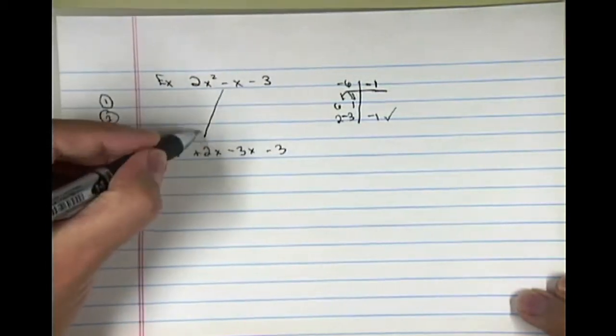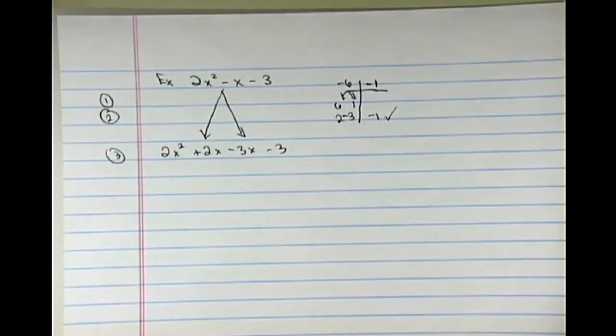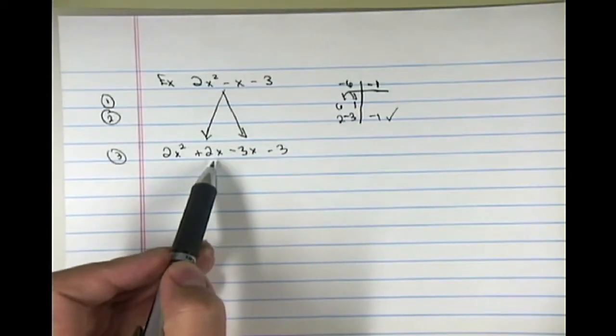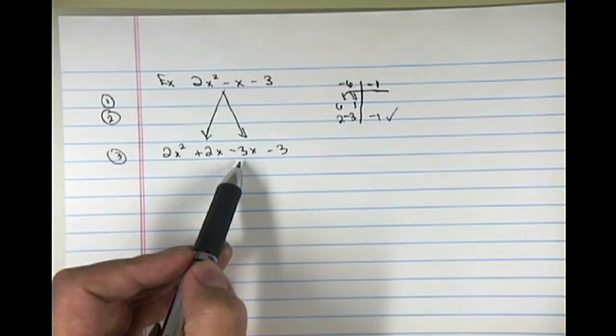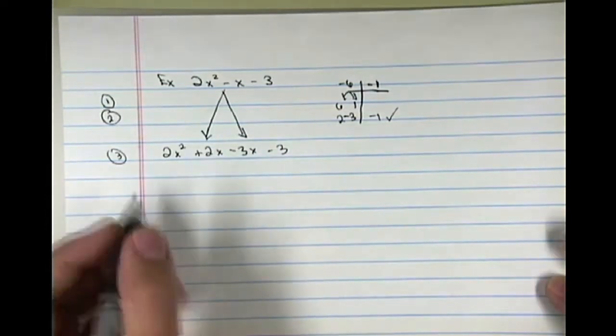And if we notice, if you combine like terms at this point, you get exactly what you had before, and that's a way to check your work. And the order in which you write these factors does not matter. You could have written the -3x first, followed by the 2x. That would have been fine. The order doesn't matter, as long as you're only replacing the middle term.